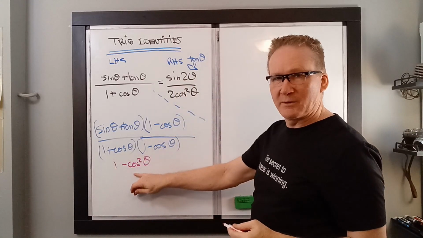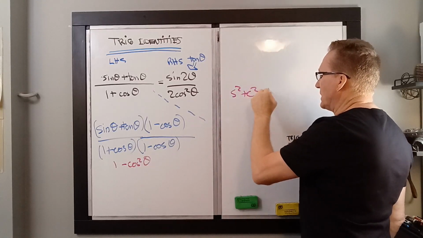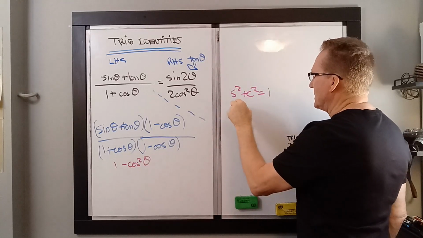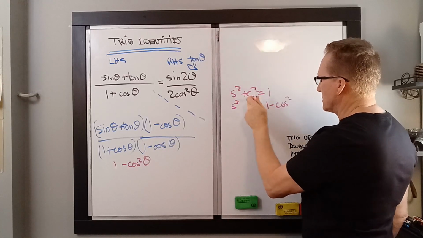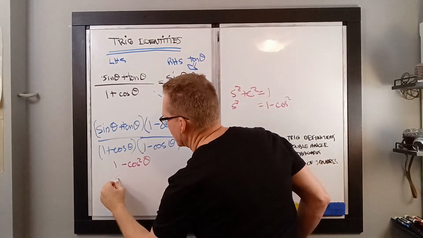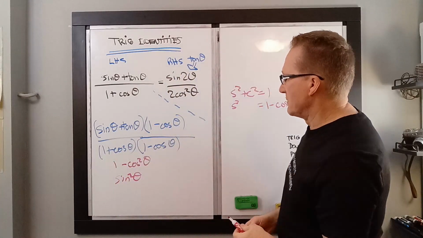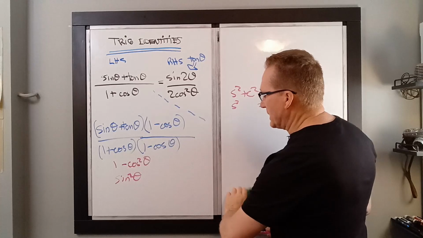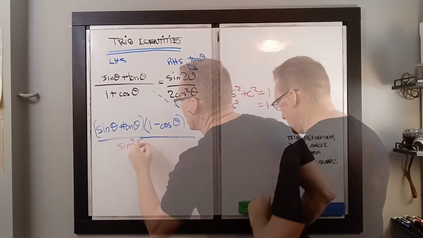If you remember your Pythagorean theorem, sine squared plus cos squared equals 1. Move this to this side, and we get sine squared equals 1 minus cos squared. So all of this here is sine squared theta. That's the whole denominator in this giant mess. So I'll rewrite this denominator, all of this, just as sine squared theta.